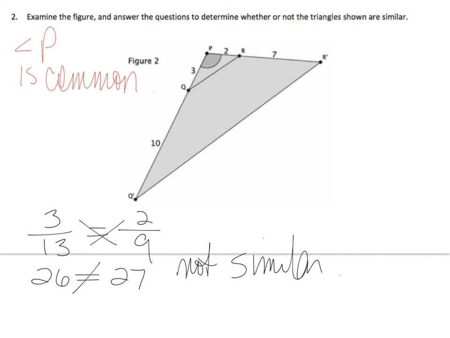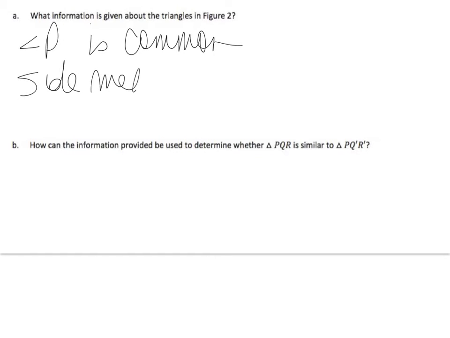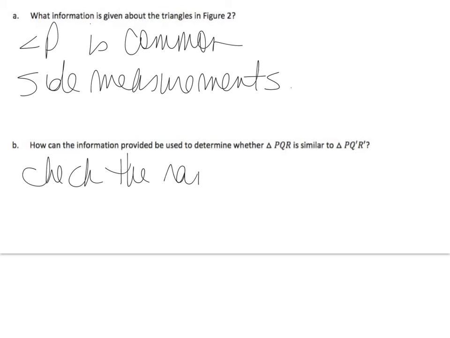Oh, but we have questions to answer. Sorry, let's look at that. What information is given about the triangles in figure 2? We have angle P is common to both. And we have some side measurements. I jumped the gun again. How can the information provided be used to determine whether triangle PQR is similar to triangle P Q prime R prime? Well, we can check the ratios of the corresponding sides.